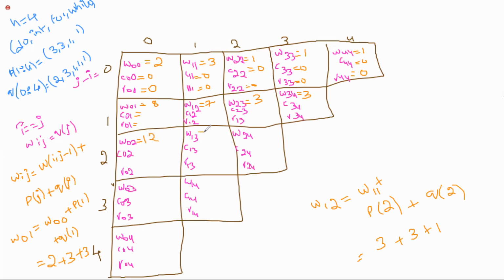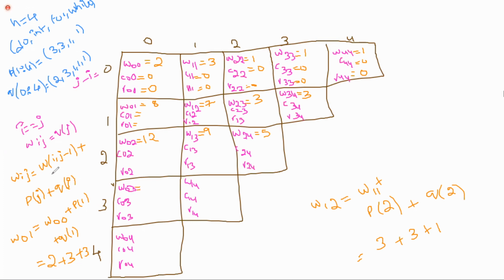Next, W13. W13 means W12, which is 7, plus P of 3, which is 1, plus Q of 3, which is also 1. 7 plus 2 is 9. Next, W24. W24 means W23, which is 3, plus P of 4 is 1, plus Q of 4 is 1, which is 5.